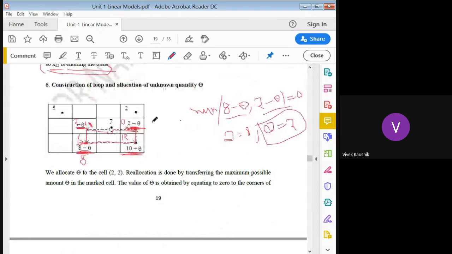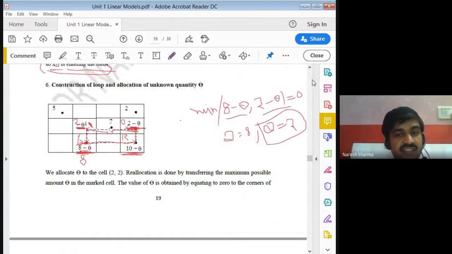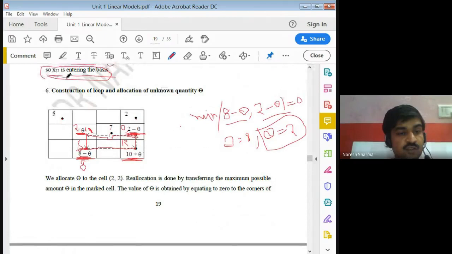In point 6, here we decide x22 is now the entering variable. So this is the entering variable.